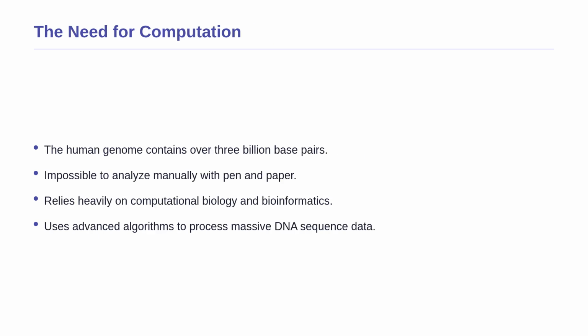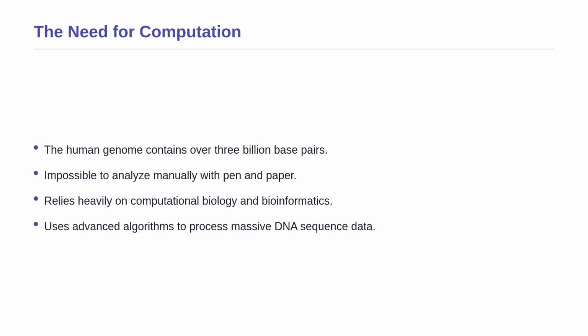Understanding this holistic approach brings us to a major challenge: the sheer scale of the data. Genomes are incredibly large. For instance, the human genome contains over 3 billion base pairs. Because of this massive size, scientists simply cannot analyze them manually with a pen and paper.